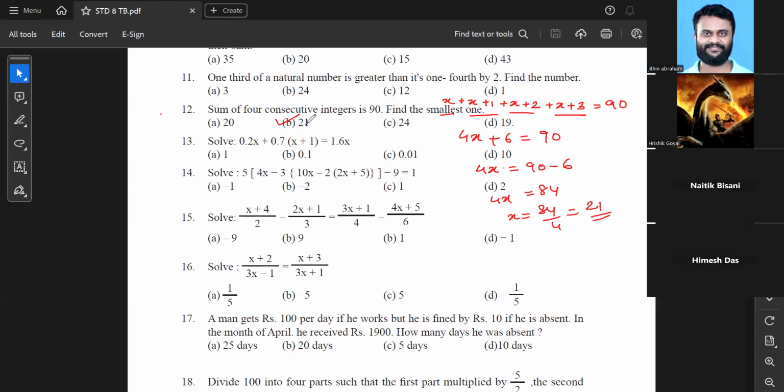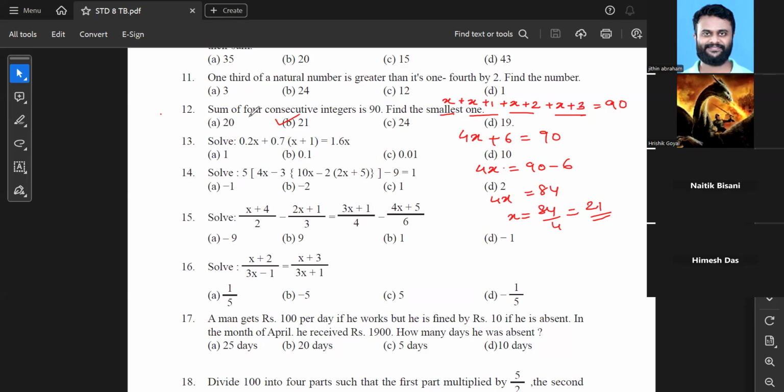This is one technique. Now there is one more technique to find a solution to such problems. If they are talking about consecutive numbers, only for consecutive numbers will this technique work.